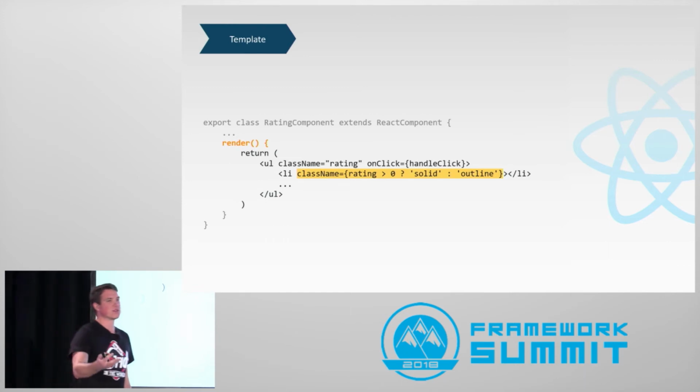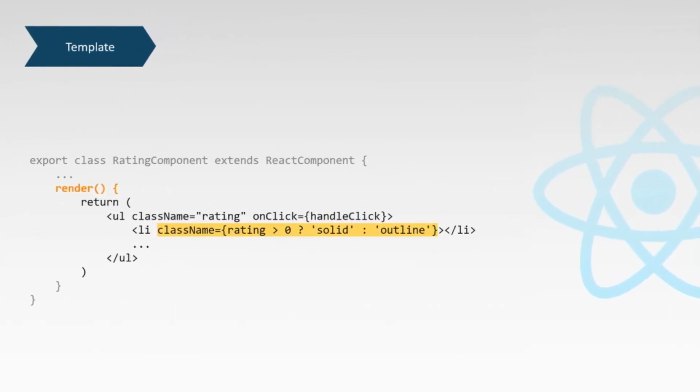So in React, we also start with a template, right? And this template we place in the render function. So in React, every single component has a render function, right? So we place a template there, but it's not simple HTML. It's JSX. It's just HTML plus JavaScript combined.